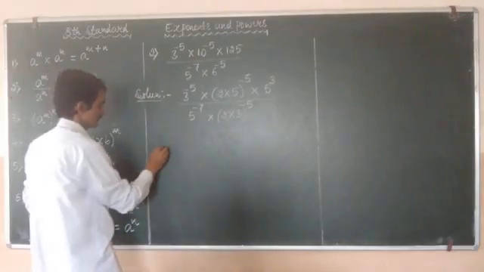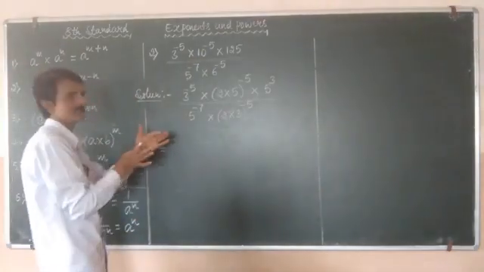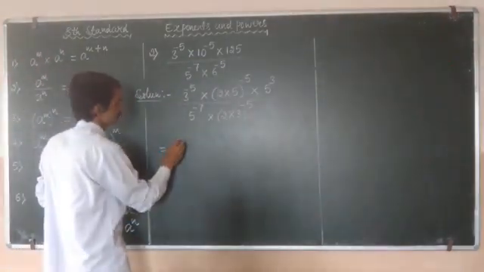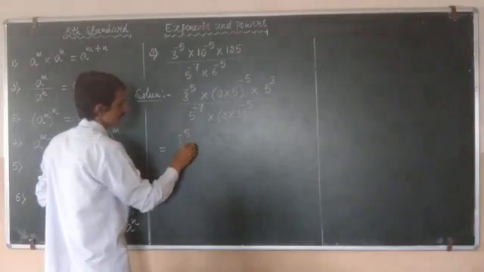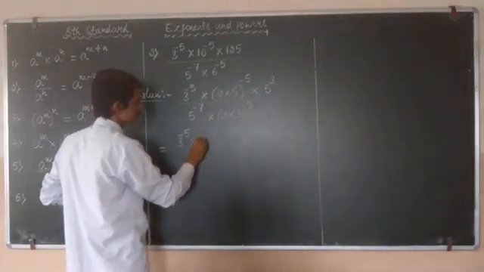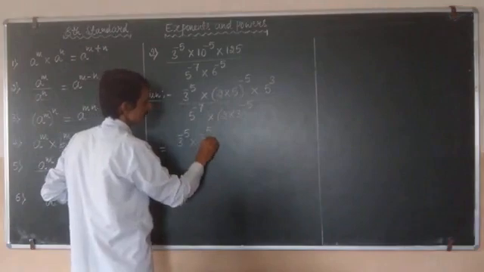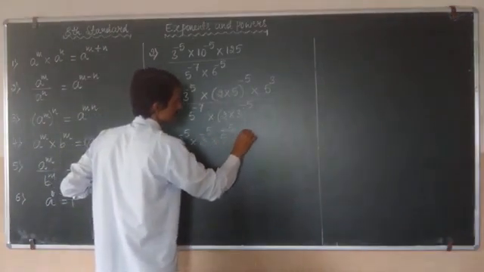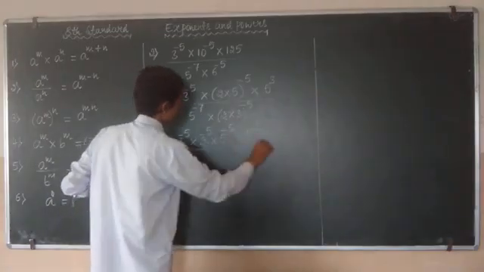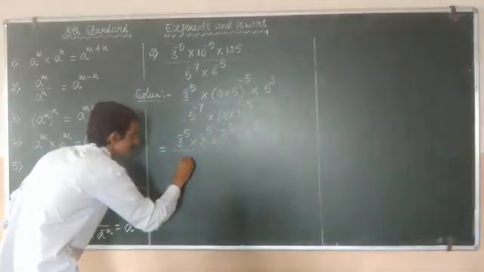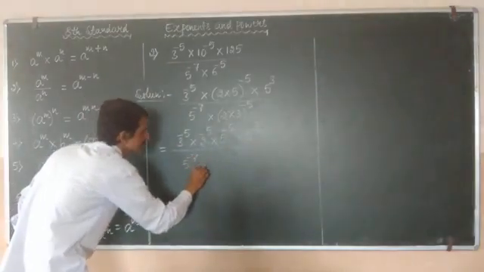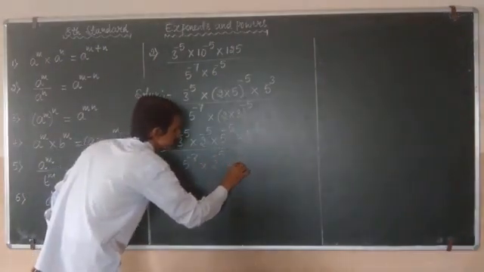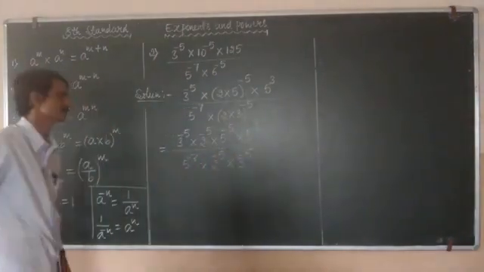So now group all the same exponents. 3 to the power of minus 5 as it is, into this can be written as 2 to the power of minus 5 into 5 to the power of minus 5 into 5 cube by 5 to the power of minus 7 into 2 to the power of minus 5 into 3 to the power of minus 5.